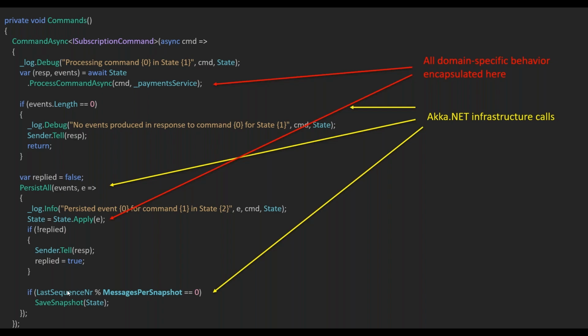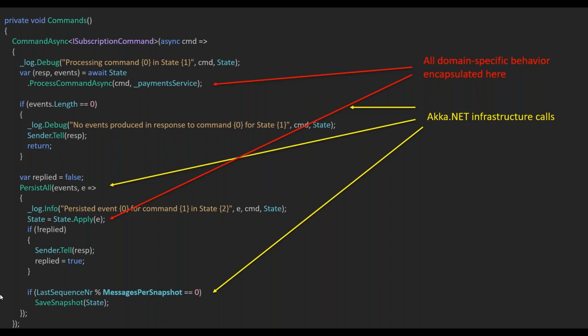So we're going to persist those down here. And after we're done persisting all these events, we'll check to see if it's time for us to save a snapshot, which is just an optimization for Akka.Persistence. So if you have an actor that's persisted a large number of events, you don't want to necessarily replay all of them every time this actor starts. Snapshots are a way of being able to short circuit the recovery process. That's all that we're doing here.